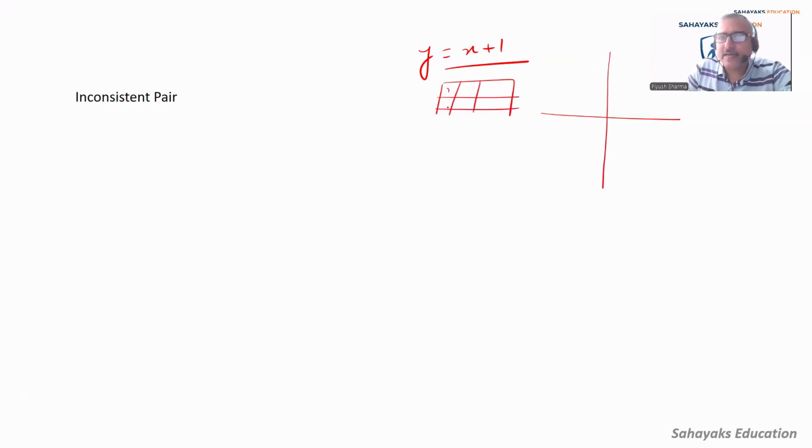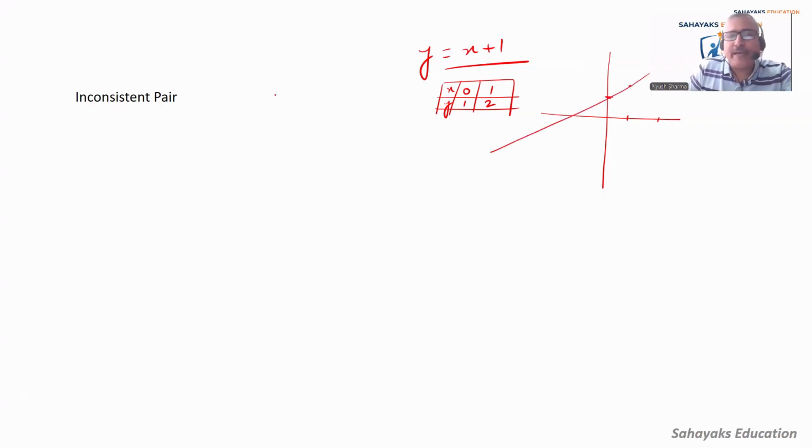I'll say x and y. We put x as 0, the value of y comes as 1. If I put x as 1, the value of y comes as 2. So this is the equation of a line, and I'll just draw this line. I'll say it is 1, 2, this is 0 and 1. So this is the point, and 1 and 2, this is the point. So it will be a line like this.